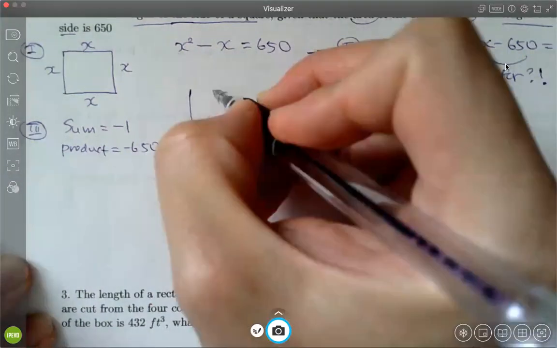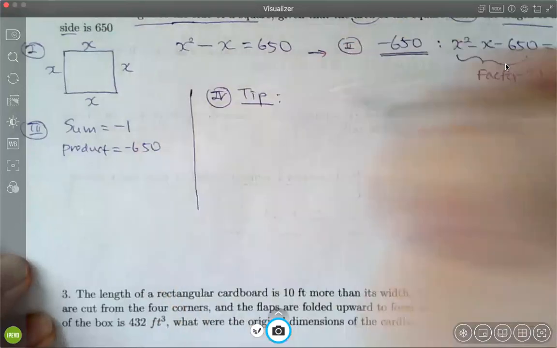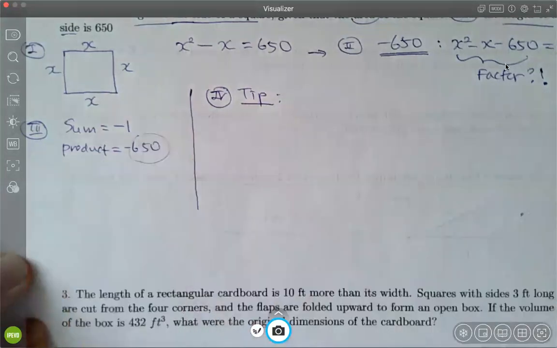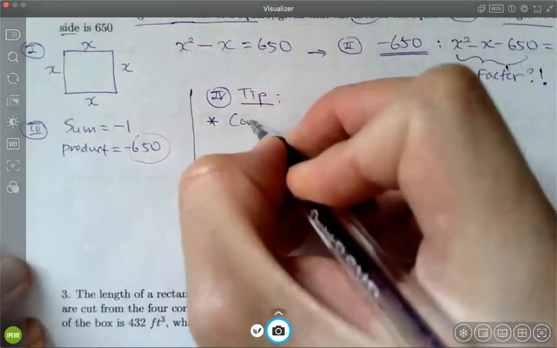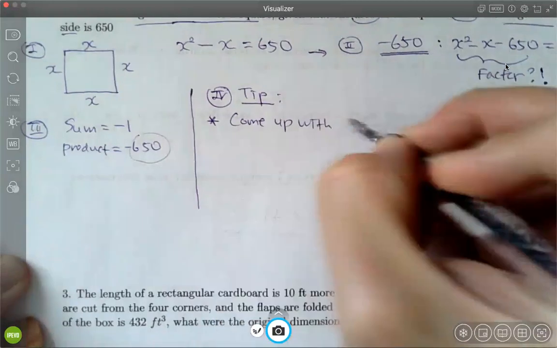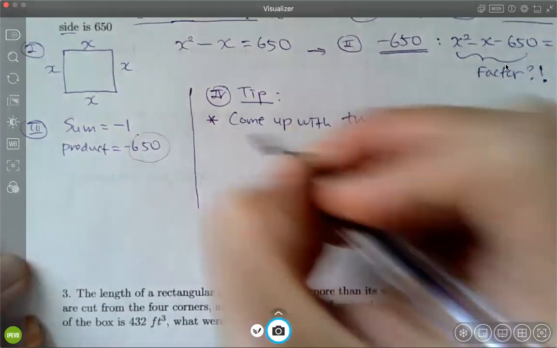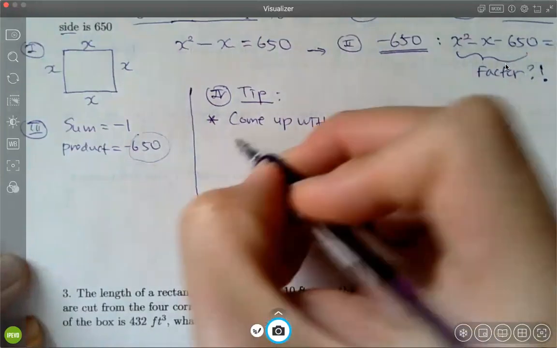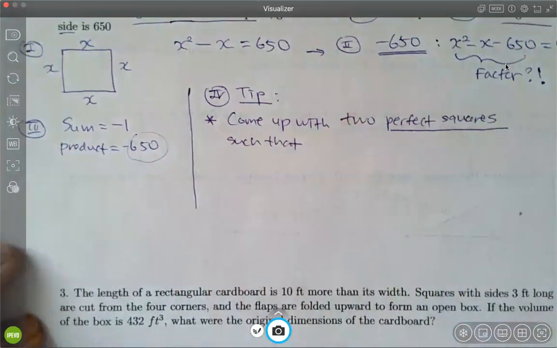So here is my tip. Okay, so now let's focus on this number 650. Now think of two perfect squares such that 650 lies in between.